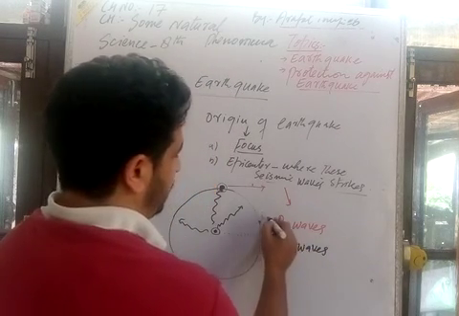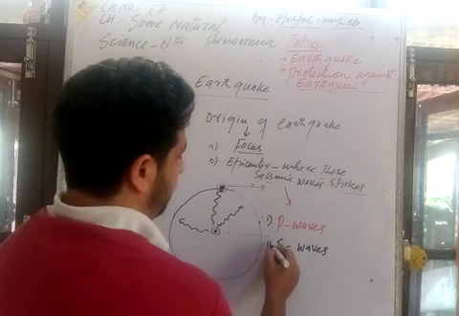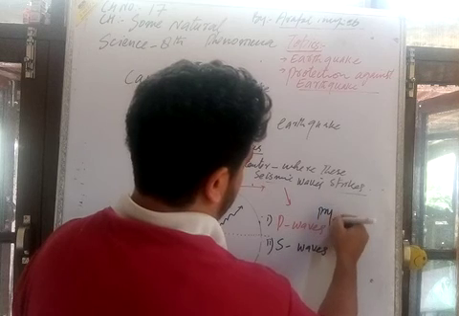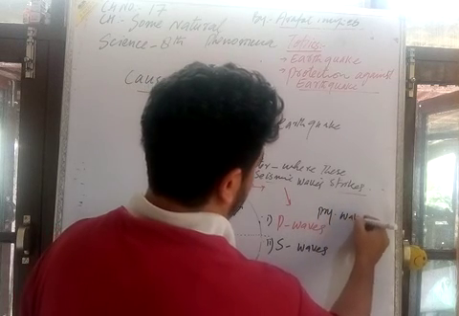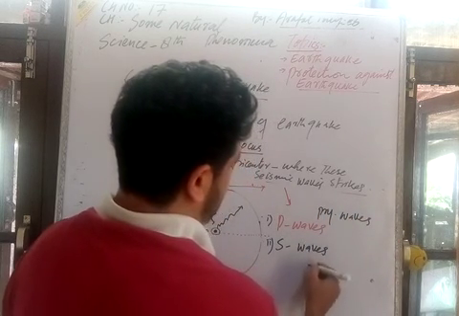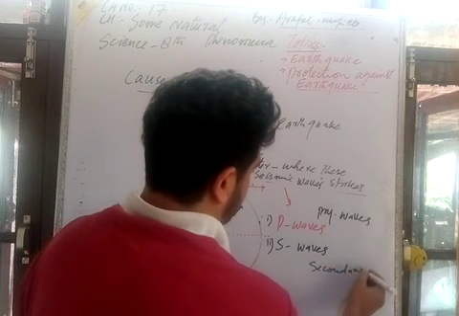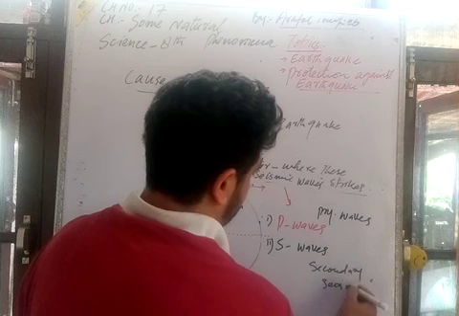We have two types of waves. First one is P waves, then S waves. P waves are also known as primary seismic waves, and S waves are secondary seismic waves.